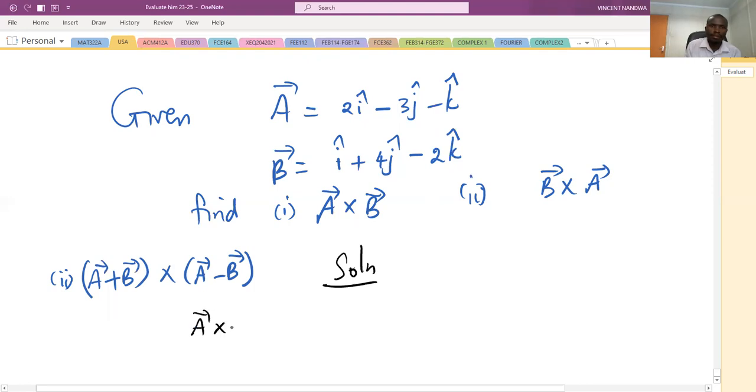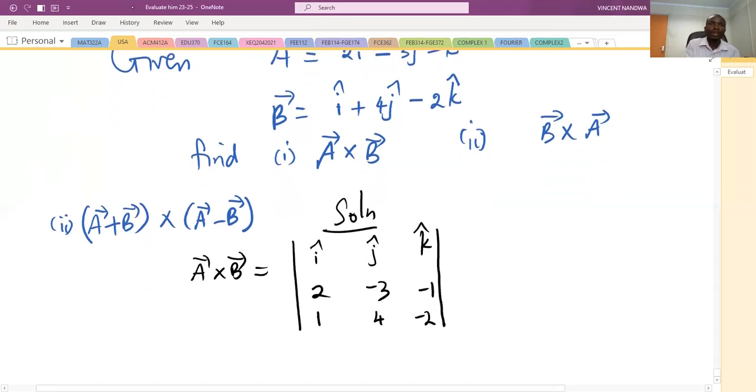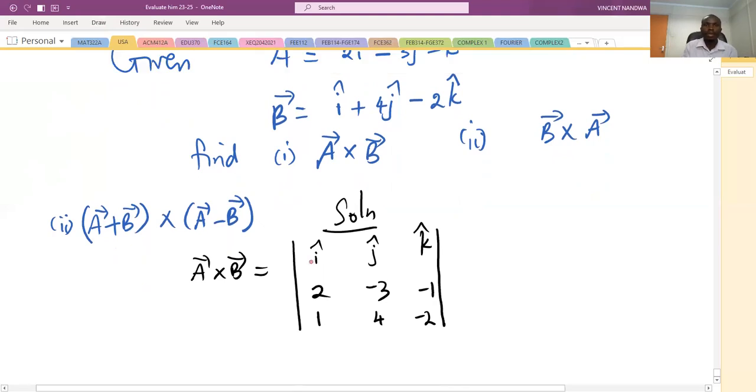A cross B will be the determinant i, j, k, and so the components of A: 2, minus 3, minus 1, and then B we have 1, 4, minus 2. And then we find the determinant of this matrix along the first row. Remember, this has sign positive, negative, positive.